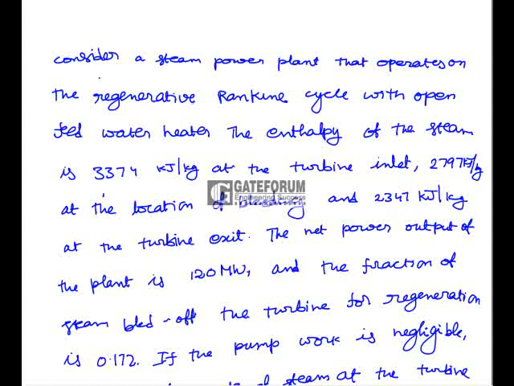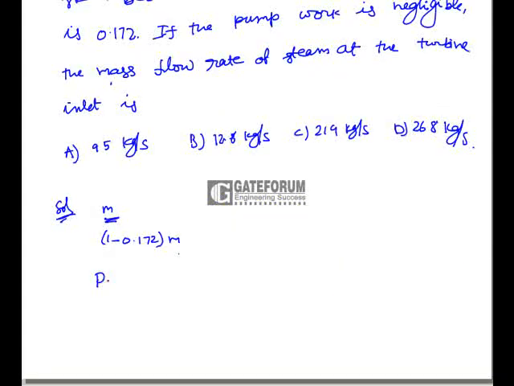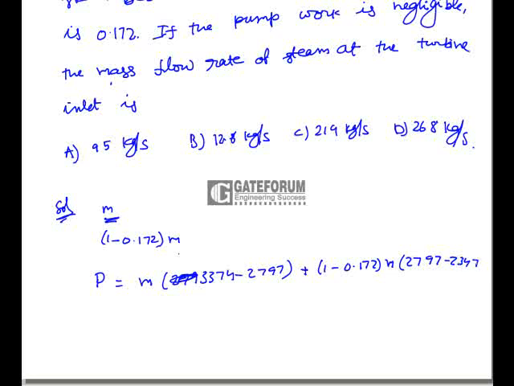So the total power developed by the turbine, let us say P, is equal to m into (3374 minus 2797) plus (1 minus 0.172) into m into (2797 minus 2347), which is equal to the power output of the turbine, given as 120 megawatts.